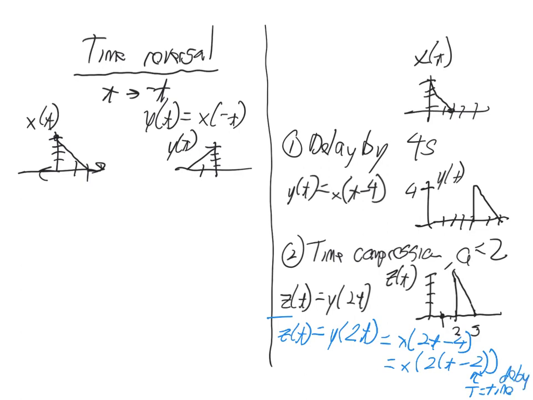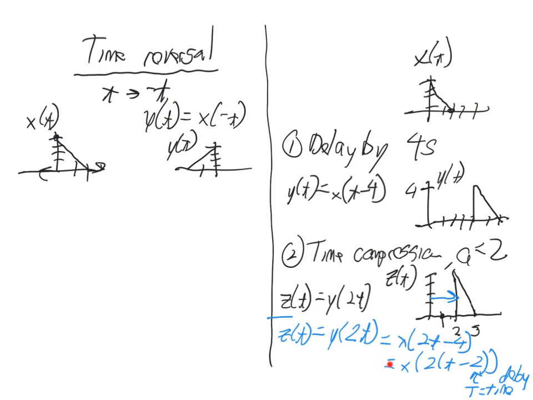I started with a time delay of 4 seconds, but since I did that first, when I did the compression, it got compressed to a net delay right here of 2 seconds. So my first step was delay by 4, and then I compressed by 2. If I want to think about writing it as I just said it, that I delayed by 4 and then I compressed by 2, we get this form right here.